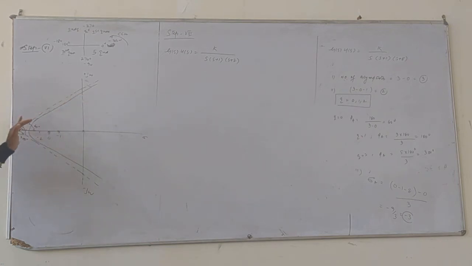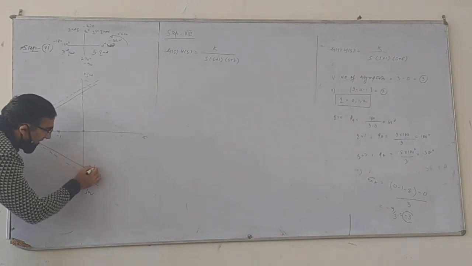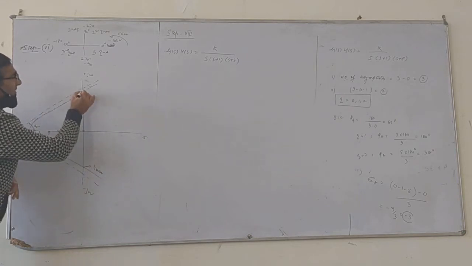Asymptotes is fine, I know the angles and I can draw them approximately. I have written earlier that the locus can be approximated with the help of the asymptotes, but that will not be a clear-cut procedure. Now, where does the root locus cut the imaginary axis? That will determine the K marginal. This is K marginal, this is K marginal.